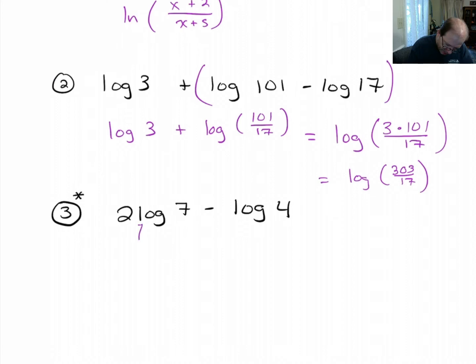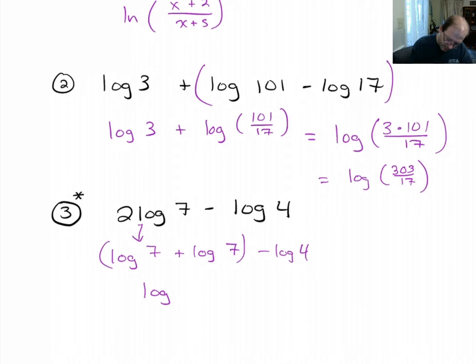I'm going to split this into log 7 plus log 7 minus log 4. And now I'm going to put these together. This becomes log of, let's see, 7 times 7 minus log 4. And so now I've got a difference of 2 logs, so it's going to be 49 over 4.